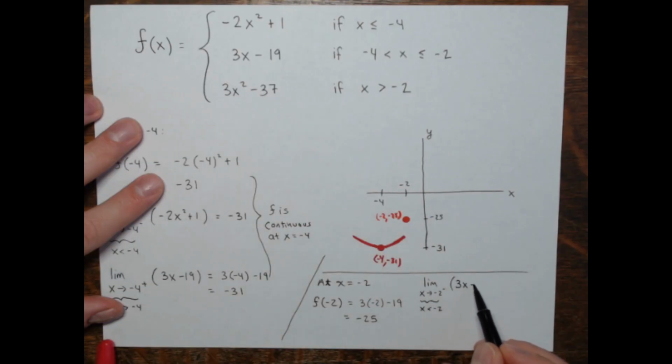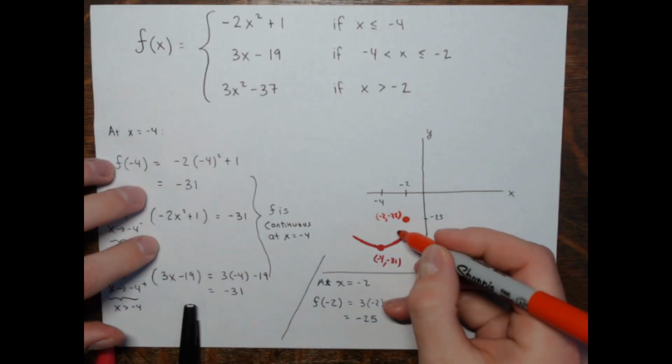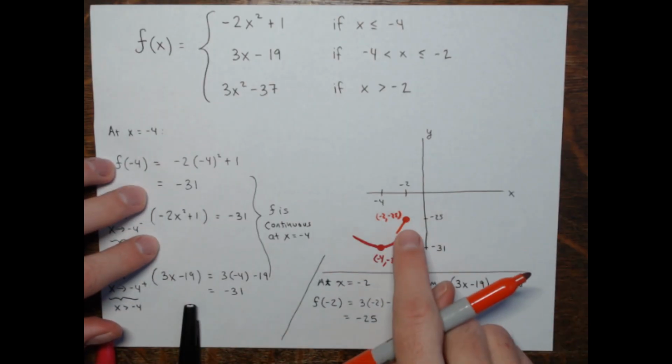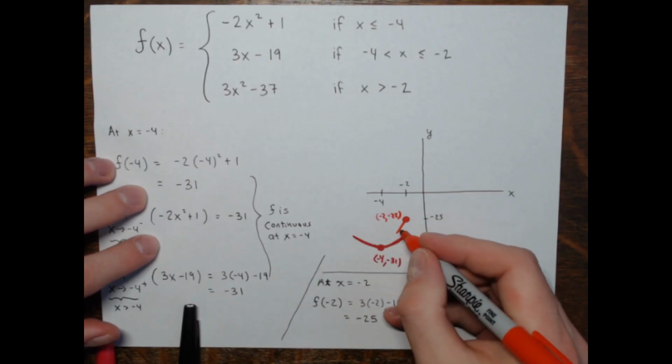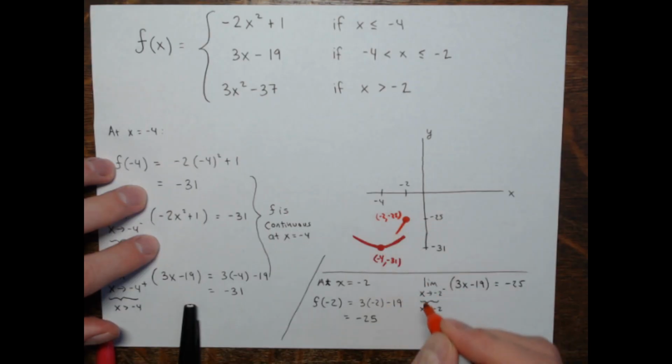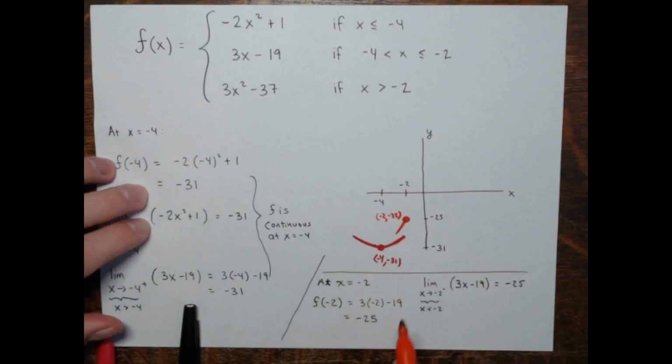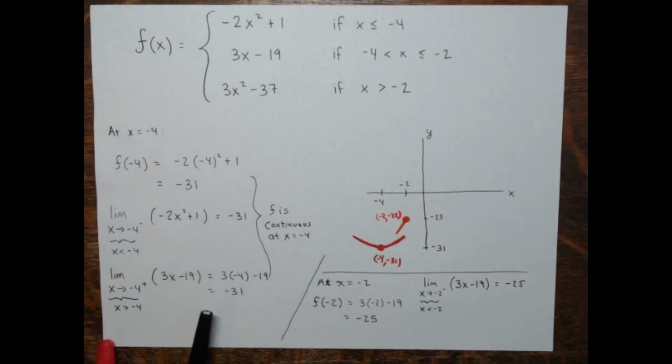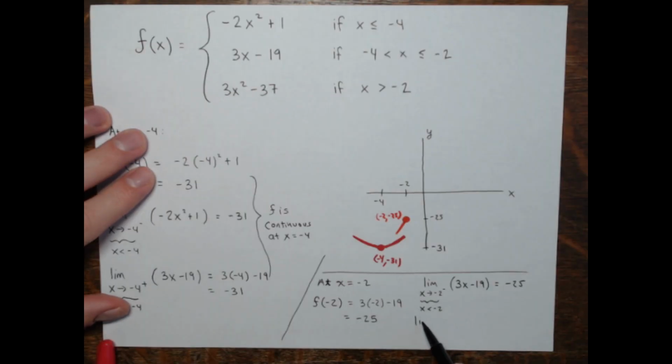The expression I'm using is 3x minus 19, so this is still -25 again. I know this isn't the graph, I'm just telling you what's happening. From the left side, the graph would be approaching this point with the y value of -25.